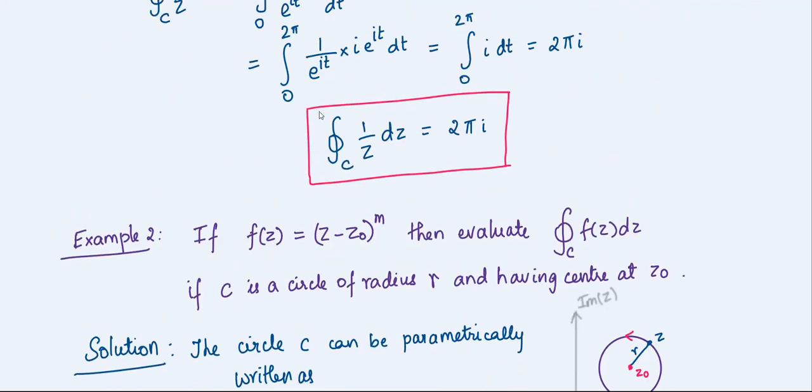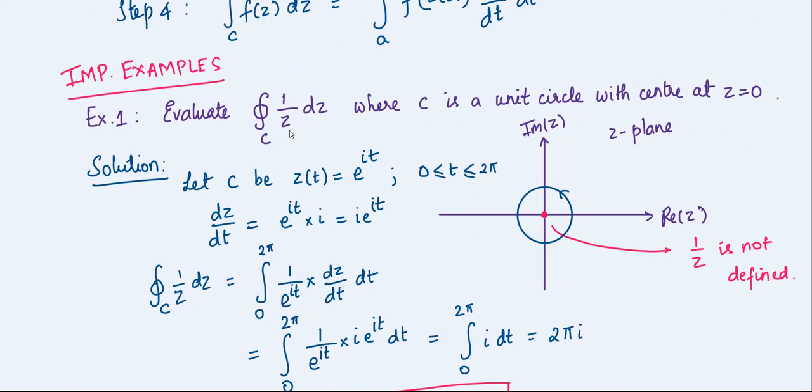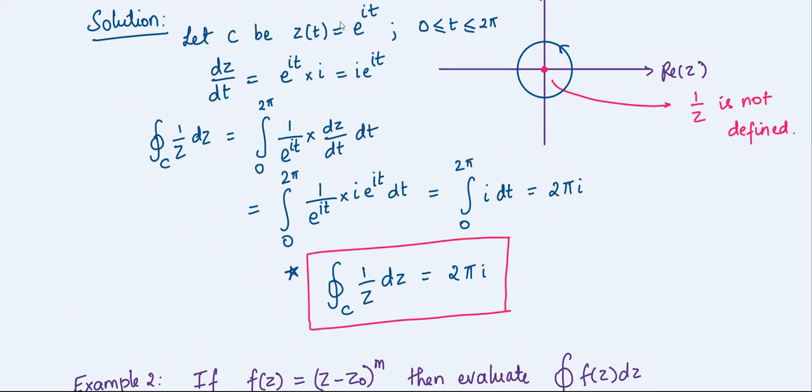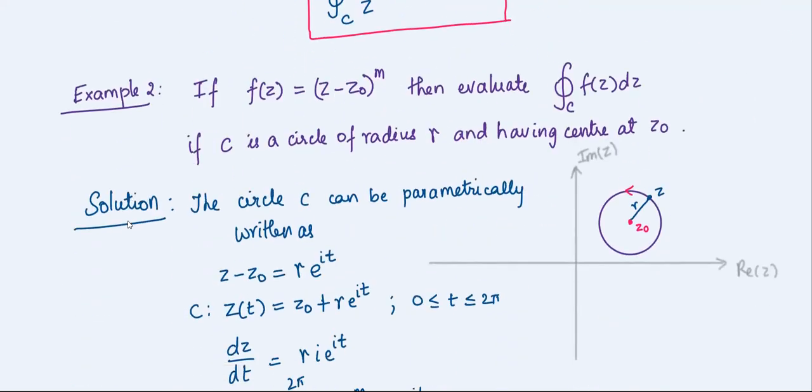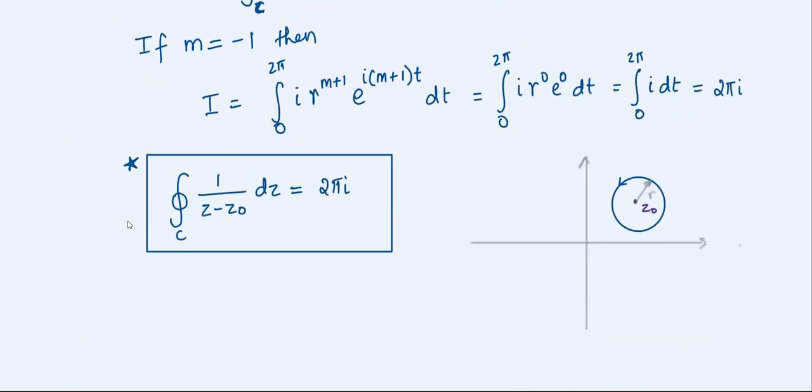Of course, we did a unit circle, but even if it was r, the r and r would have cancelled. So what we understand is, if there is a point of non-analyticity and you integrate 1 by (z minus z naught) around that point, that is z naught, along a circular path, the value of the integration is 2 pi i. So this is very fundamental.